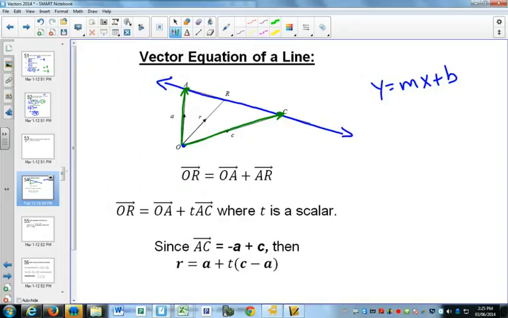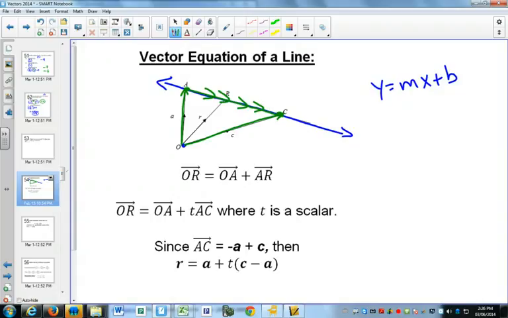Now, this line is going in this direction. This is the direction of the line. Either that way, or I could put the arrows the other way. That's the direction of the line. Now, that's a vector as well. AC is the direction of the vector.